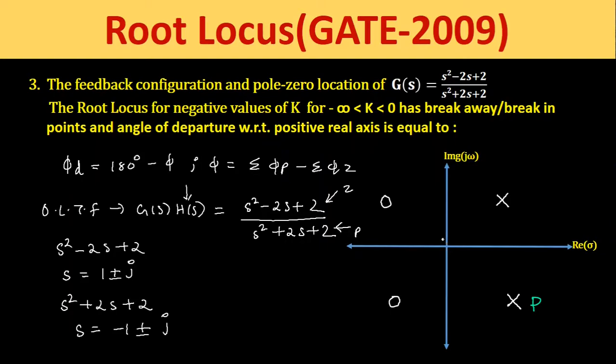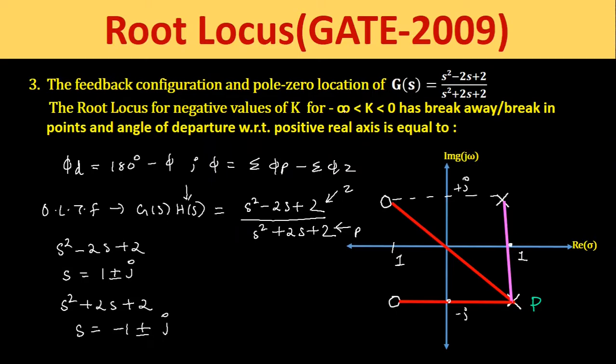To find the angle of departure, first we have to draw the phasors from the remaining poles and zeros to this pole under consideration, like this. So these are the phasors which we have drawn from the remaining poles and zeros. From this equation we can find the location of these poles and zeros. This will be +j, this point is -j, this will be 1 and this will also be equal to 1.